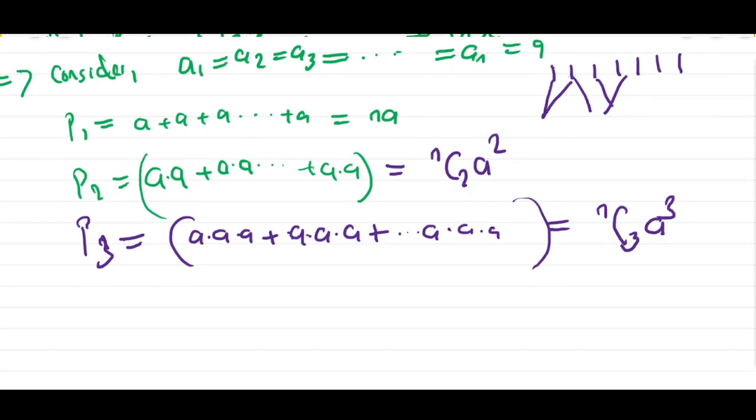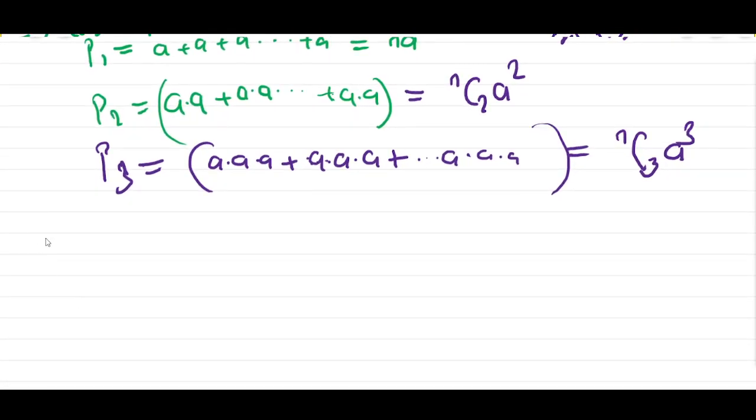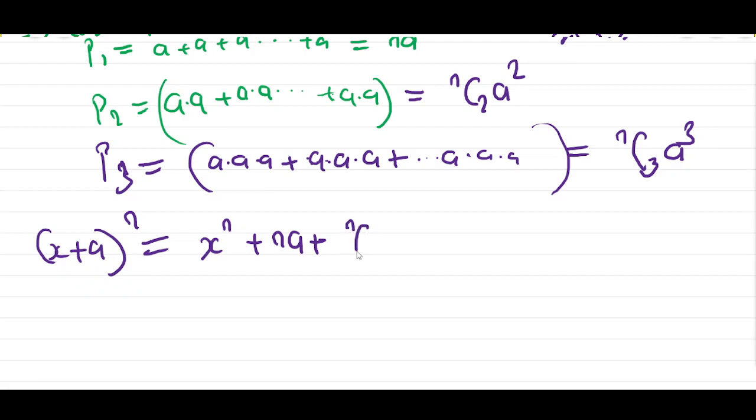So here we'll have that x plus a all to the n power will first of all be x to the n plus na, then plus n choose 2 a squared x to the n minus 2. That is the coefficient of x to the n minus 2. And yes, I forgot this part here.